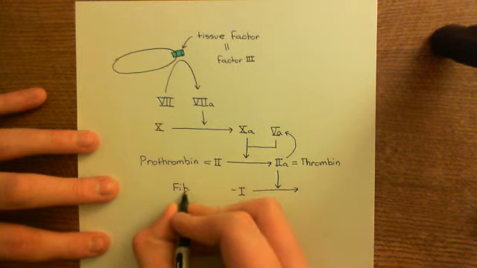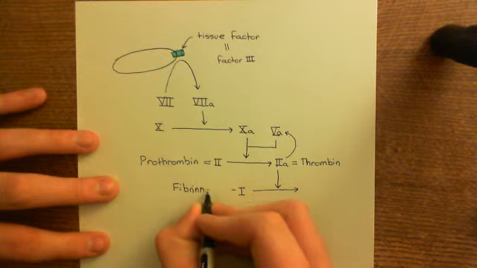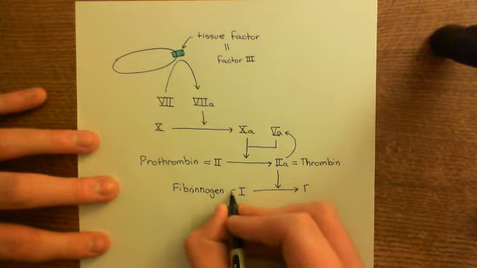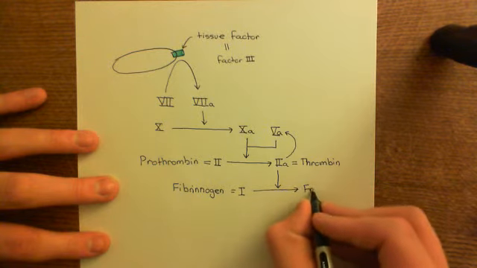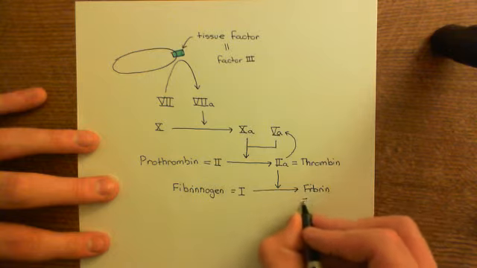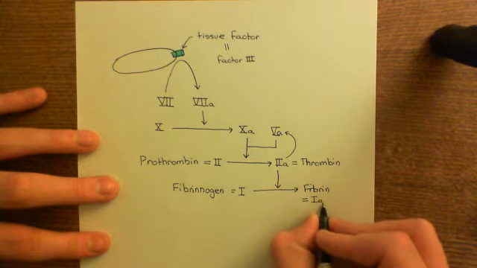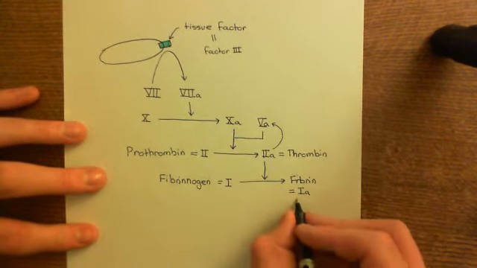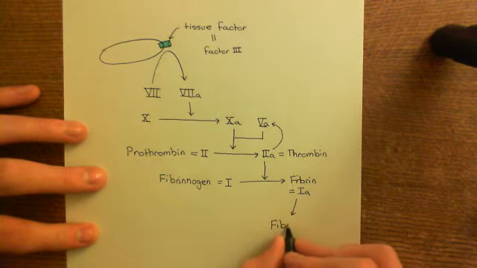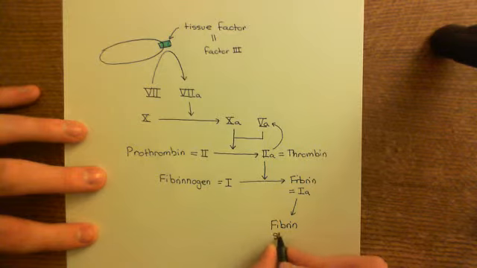So this is fibrinogen, and it will activate it to fibrin, or factor 1A, fibrin, there we go, which is equal to 1A, and 1A will then be assembled into fibrin strands. So here again, we are getting the production of fibrin strands.